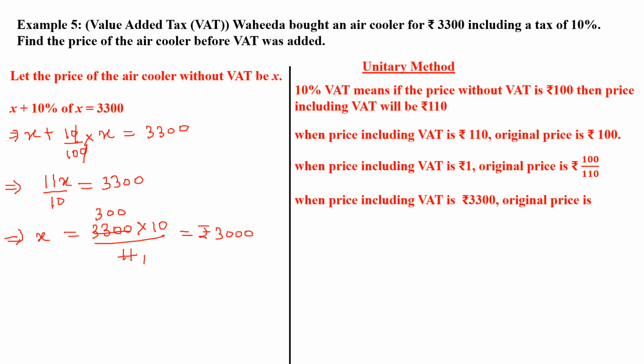So I am going to multiply here 100 by 110 multiply by 3,300, and I have to reduce it. 100 times 1, 100 times 3, so it will become 30, and 100 into 30, I am going to get my answer as 3,000 rupees. So you can see I have used two methods to solve this question. Whichever method you are feeling comfortable, you have to use it.